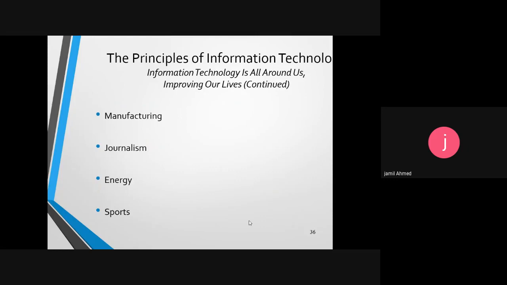Then manufacturing has also been involved, as I have given you the one example from the textile industry that the robotics are working there, and in the vehicles, the robotics are there. They are in manufacturing and journalism. You can see the e-newspapers and lots of other things can be converted there.